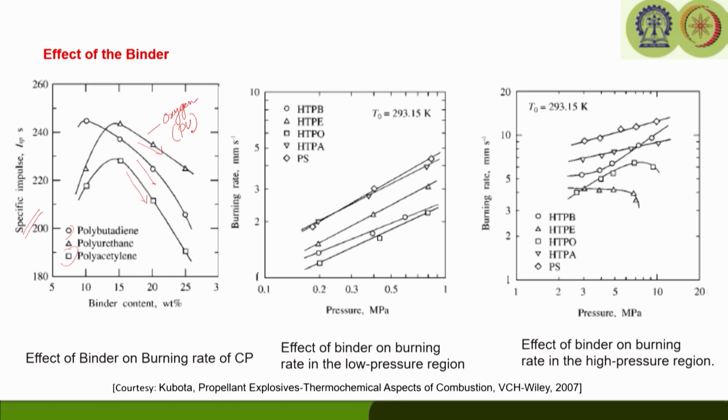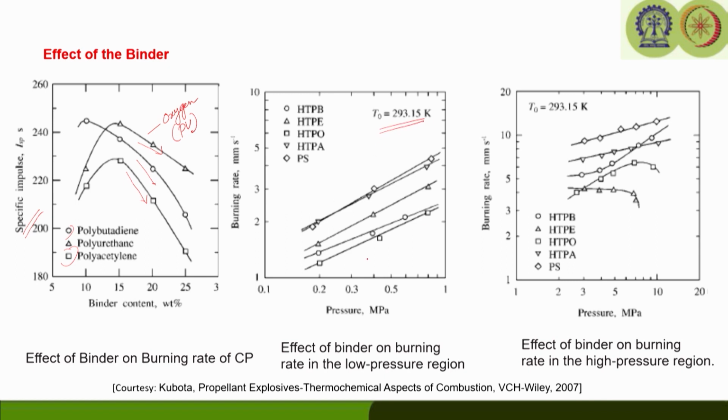Now, if you look at the burn rate versus pressure for various polymeric binders, they show different burning profiles. In general they follow a linear trend, where you can see that the burning rate is going to increase with chamber pressure. They are plotted in logarithmic scale, so the burning rate increases linearly with the pressure, and for different types of binders the burning rate is changing, while they maintain the same initial temperature of 293.15 Kelvin.